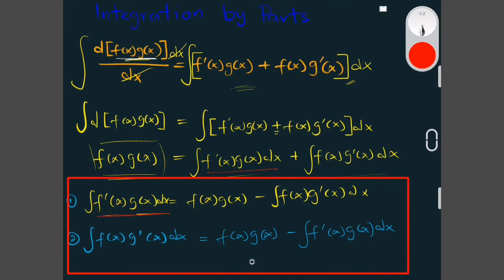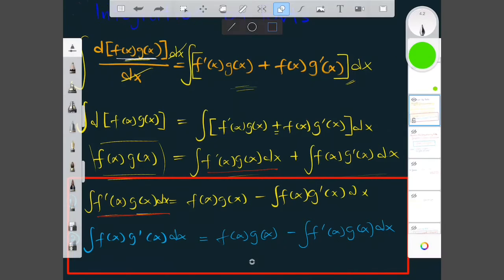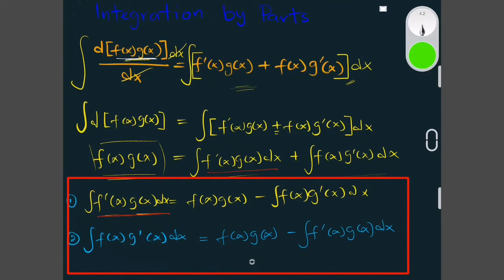So this tells us that if we were given two functions as a product, we could choose which function to consider the derivative. So we could either say, okay, f(x) is the derivative of something, and we will still get the same result.